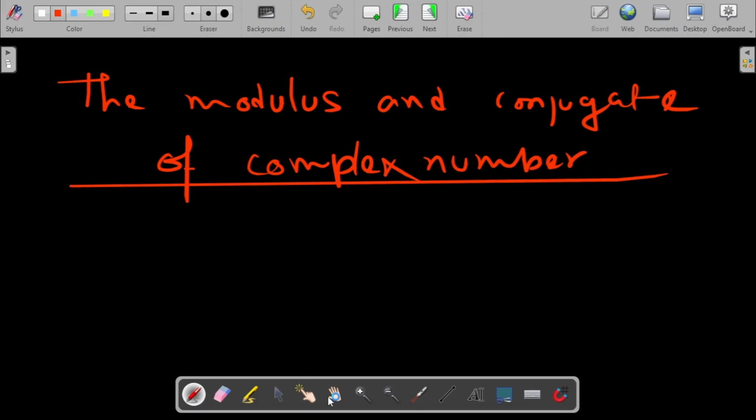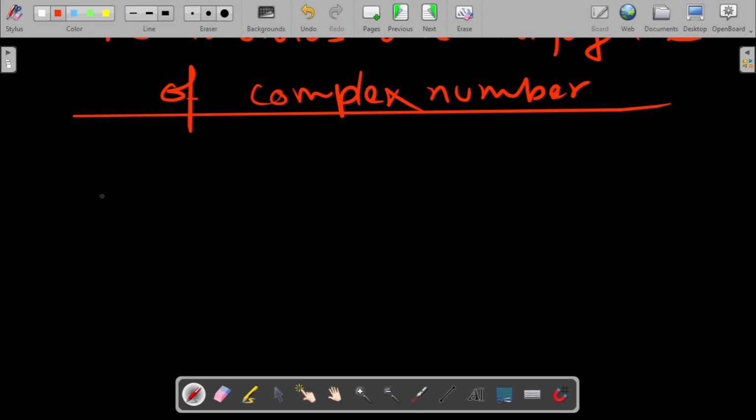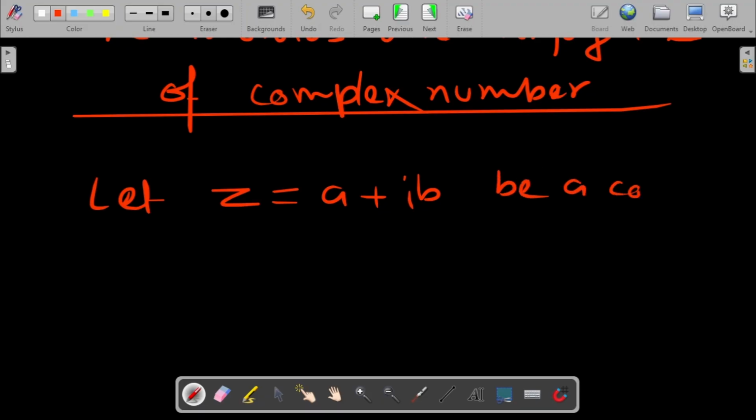So let z equal to a plus ib be a complex number.